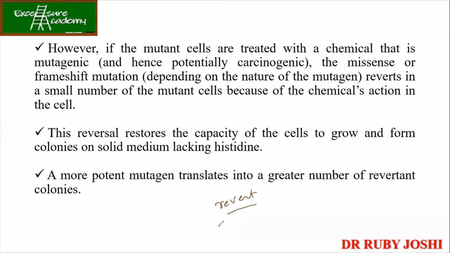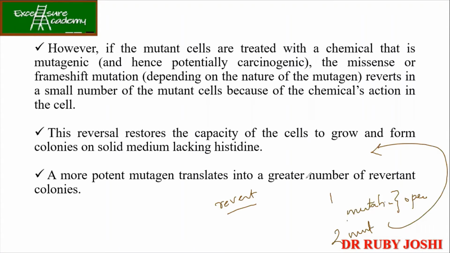Revert back मतलब क्या? Already मैंने एक mutant बनाया है, ठीक है? मेरा ये first mutation है जिसकी वजह से operon was not working, and that kind of bacterial strain I have selected. अभी second mutation यानी कि second mutagen के वजह से there will be another mutation, because of which it will go back to its original state. So अब क्या होगा? Double mutation के वजह से it has gone back and now able to synthesize histidine. आया थोड़ा सा idea?